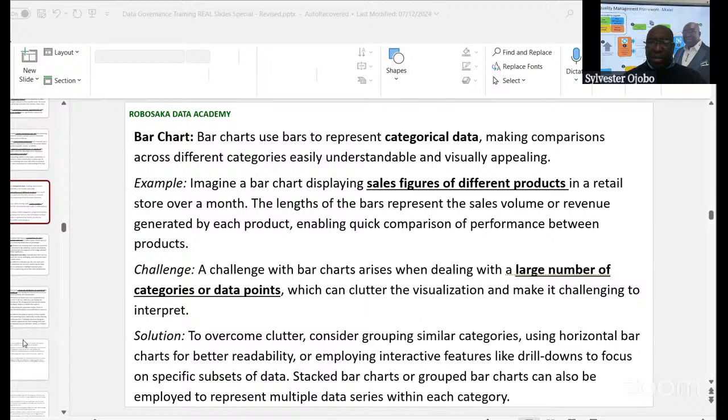And also stacked bar charts or grouped bar charts can be employed to represent multiple data series within each category. So when you have very large, complex data to represent in a bar form, in a category form, you can just group.